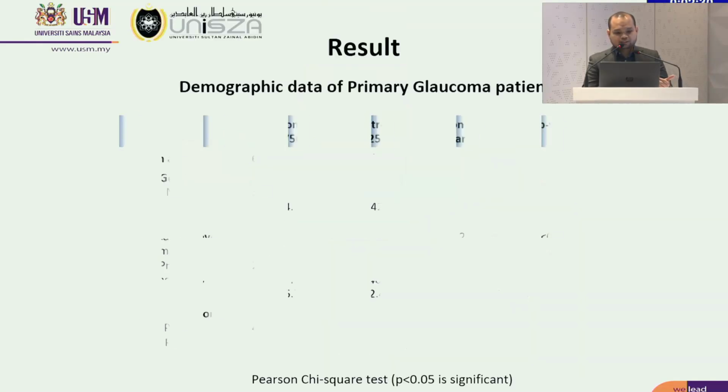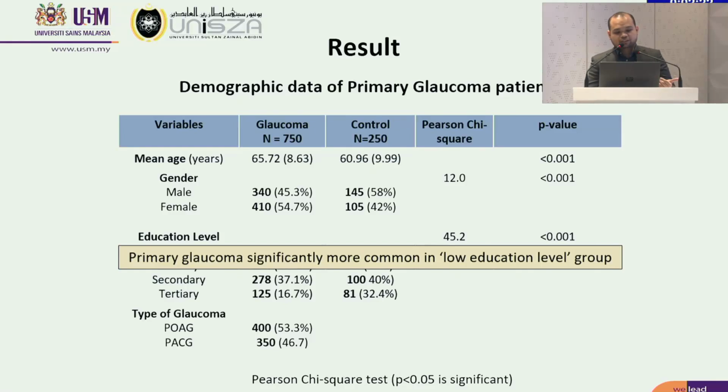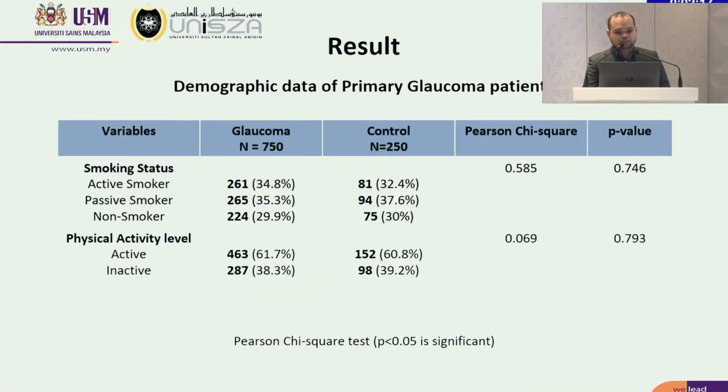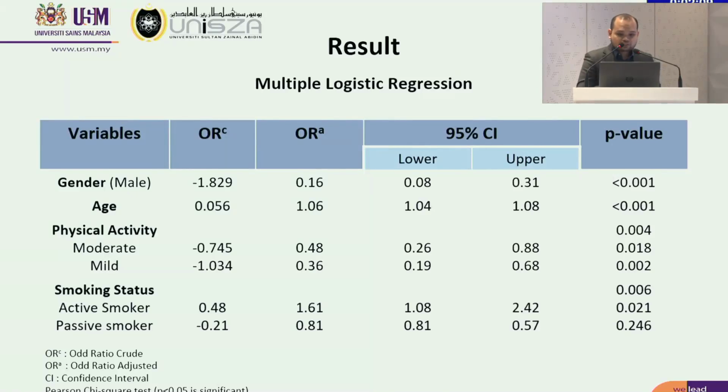And then as the result, these are our demographic data. From this table, we can see the primary glaucoma is significantly more common in the low education level group. These are the distribution of smoking status and physical activity level. These are the multiple logistic regression results.